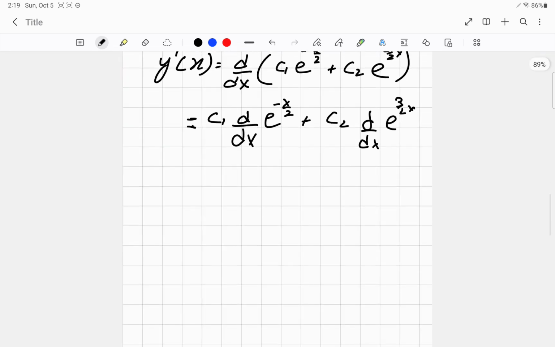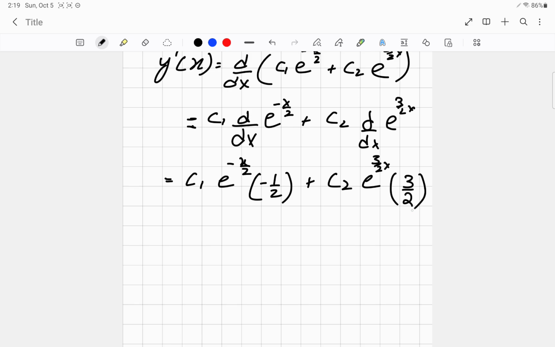If you take the derivative, this will become c1, and the derivative of e will always be the same, so e power negative x by 2, and the derivative of the power will become negative 1 over 2, plus c2, and the derivative of e power 3 by 2x will always be the same, and the derivative of the power will be 3 by 2.